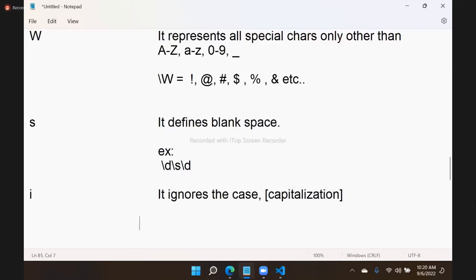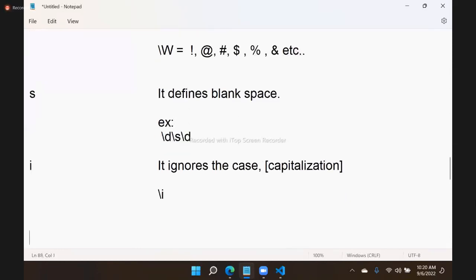You have to use /i, but we cannot use it now. For that, you have to learn building an expression. While building an expression, you can use that. Later, I will show you, because we need to know how we can restrict only uppercase or lowercase.